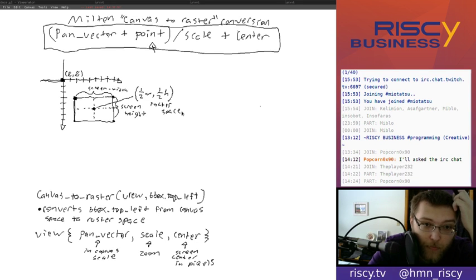And so that just gives us a waypoint that we can use for doing our conversion.